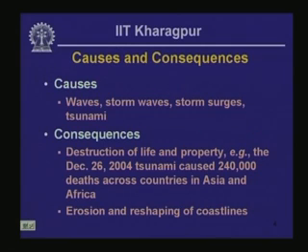Then what are the consequences of these actions? One of the recent events that comes to mind in this respect was the destruction of life and property caused by the December 26th, 2004 tsunami. In the previous lesson, when I was talking about the relative impacts of different types of geologic hazards towards the beginning of the lesson, I was showing a graph, and while explaining the graph, I gave a wrong date for this particular tsunami.